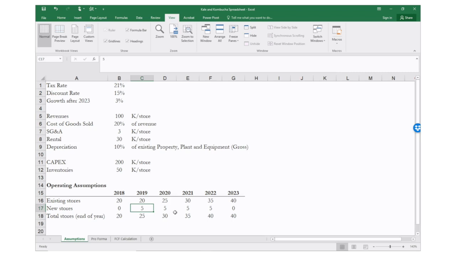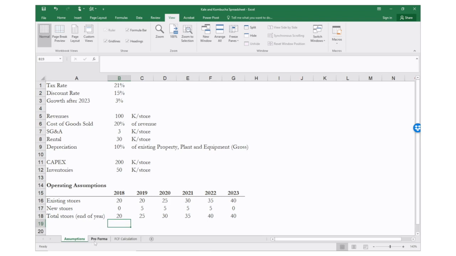If they are not operating, I am not going to depreciate them. I will assume they are ready right at the end of 2019. And so they will start to be depreciated during the year of 2020. So the depreciation in 2019 only refers to the number of stores that I had last year.